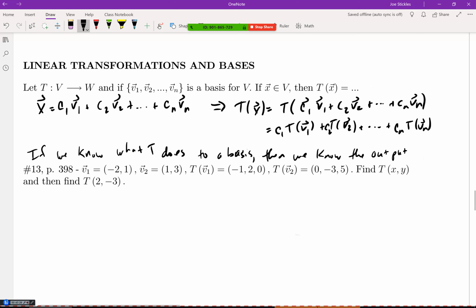So we know the output T of x for any x. If you know what the transformation does to the basis, you know what the transformation does, period.